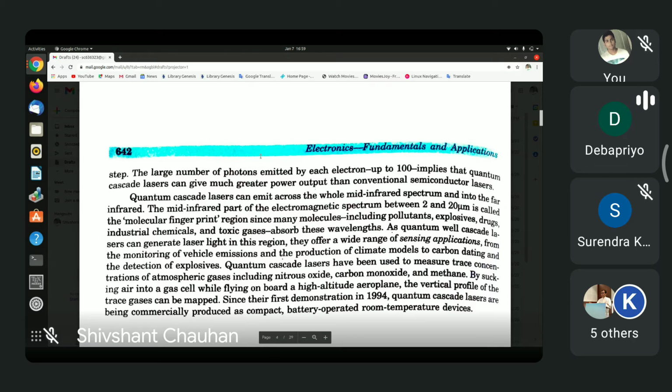So basically, FTIR can make use of quantum cascade lasers. Quantum cascade lasers are small devices, and they can easily be incorporated in a rather small apparatus, which can be used to identify the presence of certain molecules in a sample.